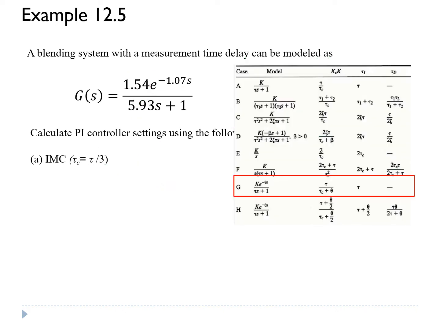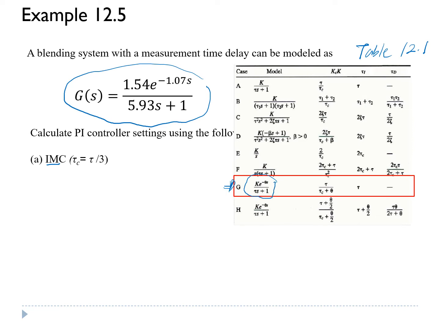Okay, now for part A and part B, because you want to calculate PI setting using IMC tuning relation, you need to refer to table 12.1. According to the model, this is a first order plus time delay model. So which case do you need to refer to here? Of course, case G, because this is for the first order plus time delay model.